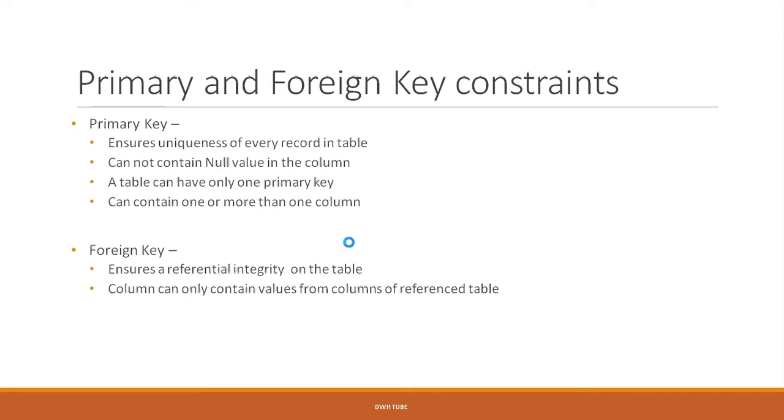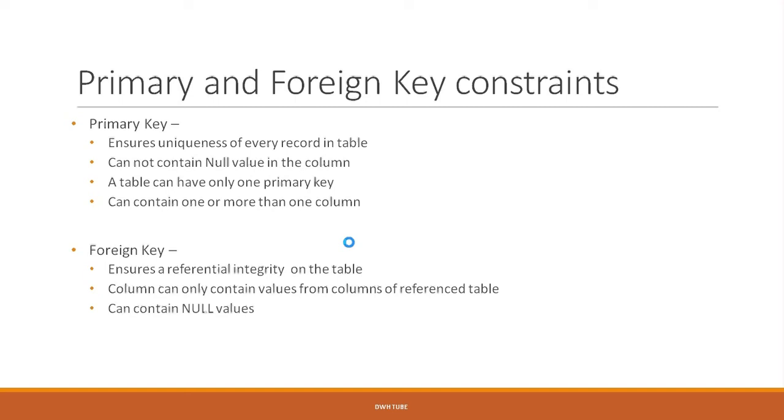So suppose your department table has 10, 20 and 30 as department numbers, then your customer table cannot have department number 40, because that department number is not present in your department table, right? But it can have null.